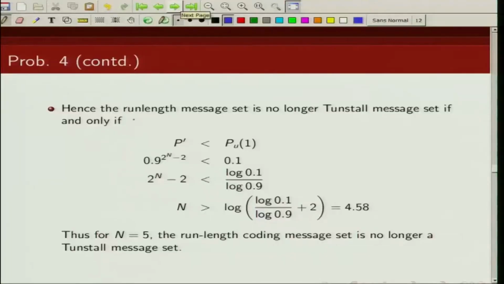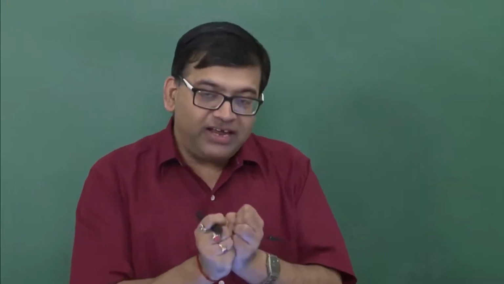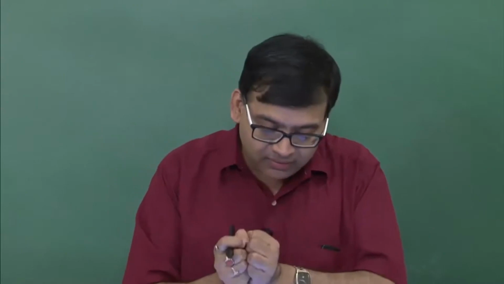So then the run length message set is no longer going to be a Tunstall message set if this intermediate probability becomes less than the probability of u equal to 1, because then according to Tunstall's lemma we should have extended the node or leaf corresponding to u equal to 1.